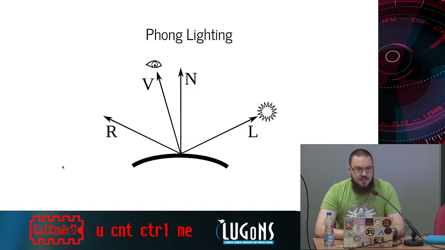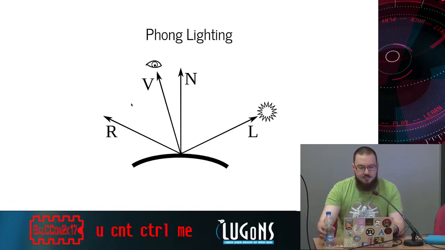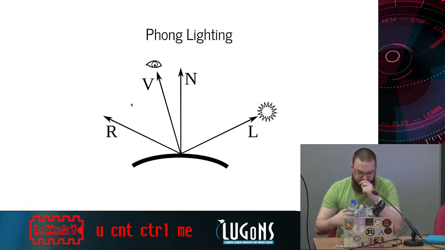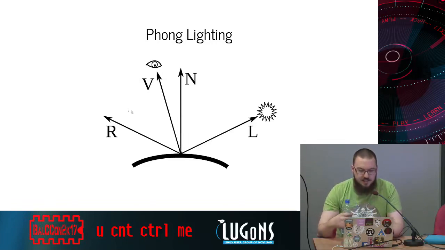A bit harder is the specular light, which is calculated with respect to the viewer and deals with the reflection of the light. The specular light is the reflection. And we're using the dot product of the actual reflection vector and the vector pointing towards us.